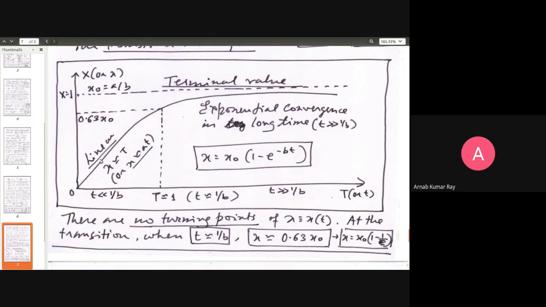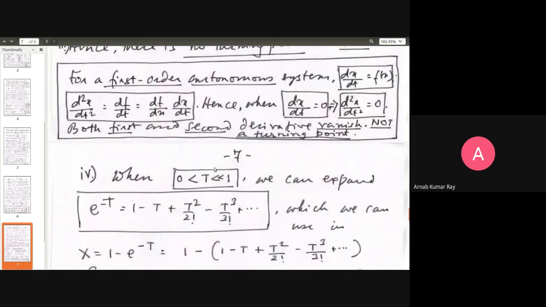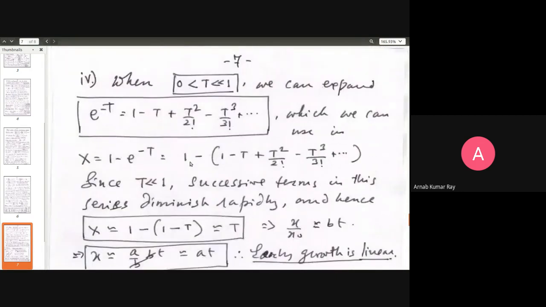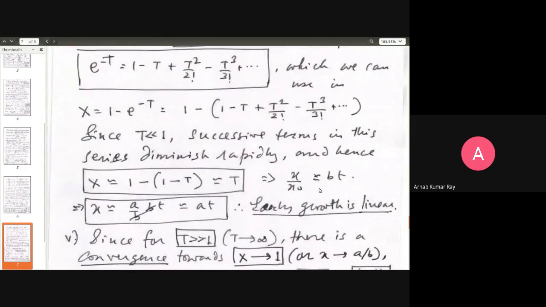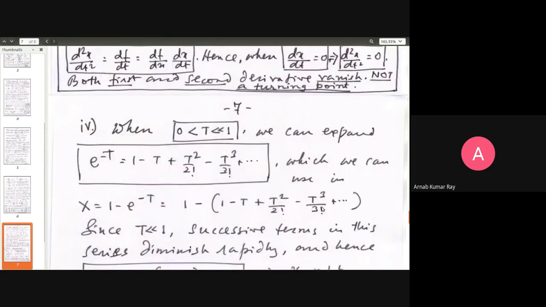The linear behavior is not universal, meaning that you have a straight line behavior here, but it doesn't have to keep going like a straight line all through. It can converge, it will converge. Early growth is linear from 0 to roughly about t equal to 1, because this approximation, for capital T less than or equal to 1, is going to give you a solution that is linear, but this approximation is valid within this band only.